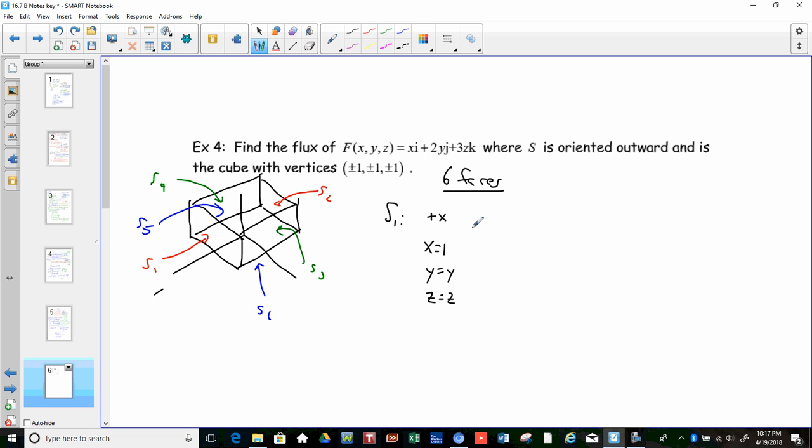So we're going to need r sub y. Well, the derivative of this stuff with respect to y is 0, 1, 0. Okay, not too bad there. The derivative of this with respect to z is 0, 0, 1.